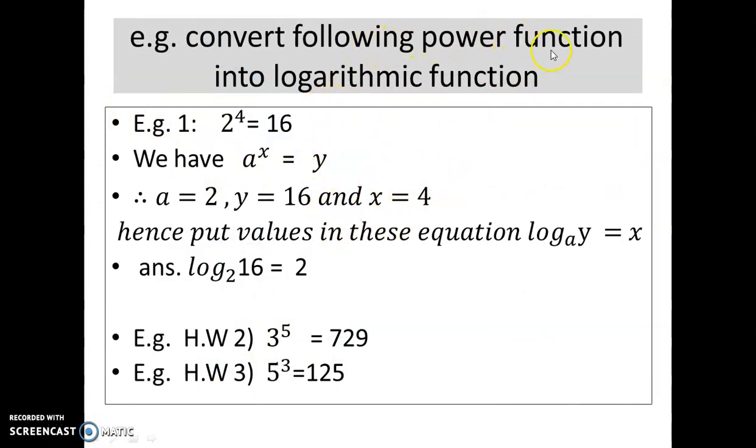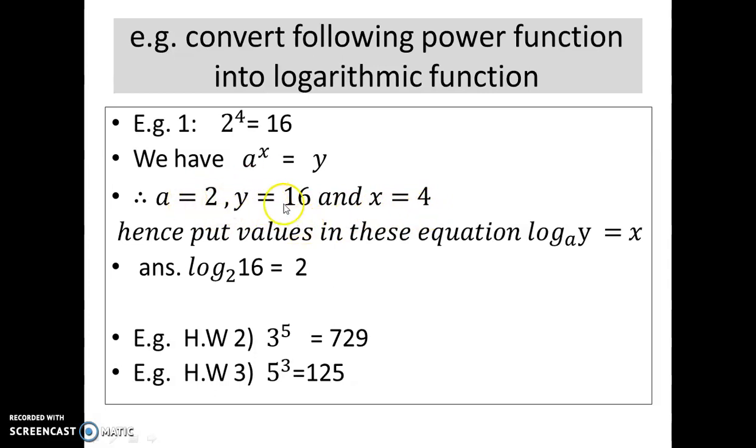Now convert the following power function into a logarithmic function. I take the example: everybody knows 2 raised to 4 is equal to 16. I want to convert this exponential function into the logarithmic function. We have the format a raised to x equal to y. Therefore, a is equal to 2, y is equal to 16 and x is equal to 4.